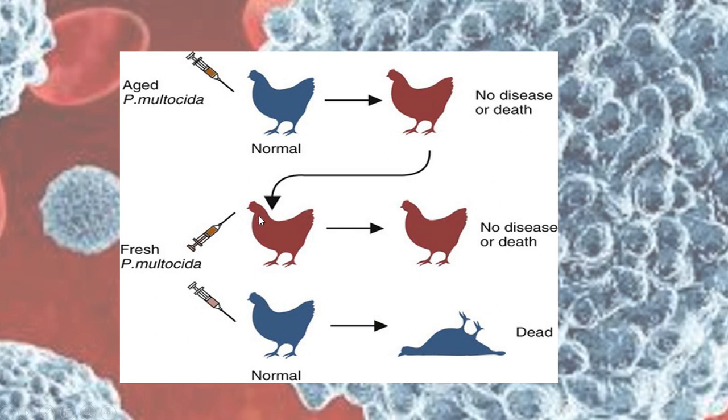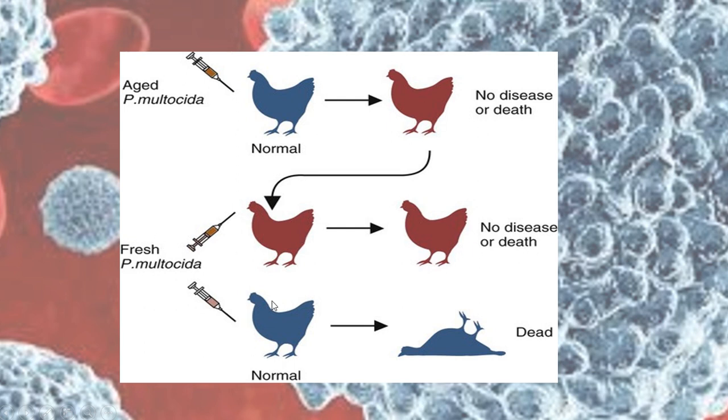This is because it is now immunized against the Maltosida, because the antigen of the Maltosida has been introduced to the immune system of this hen, and it is now ready to form a very fast immune response because of the presence of the memory cells which were formed upon the first contact with this Maltosida. Now this same hen, as you can notice, didn't die when we injected it with the fresh Maltosida.